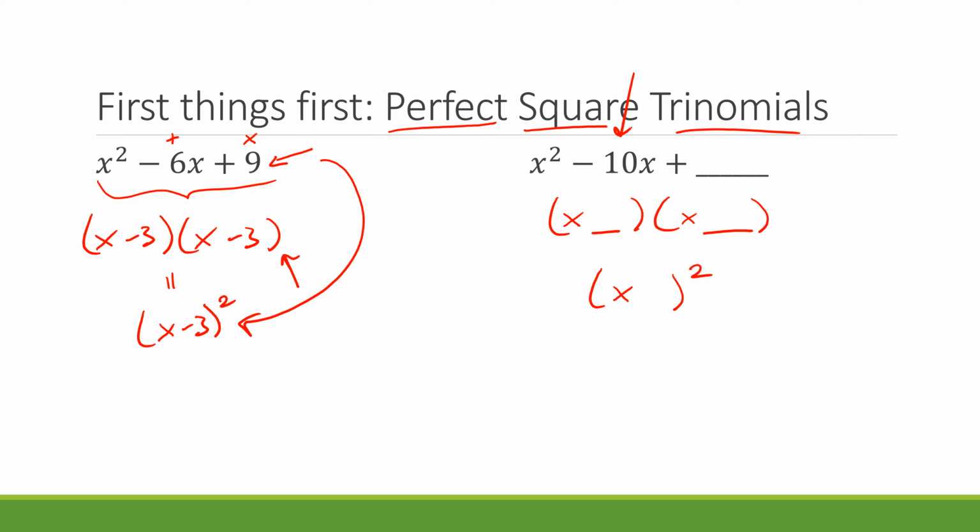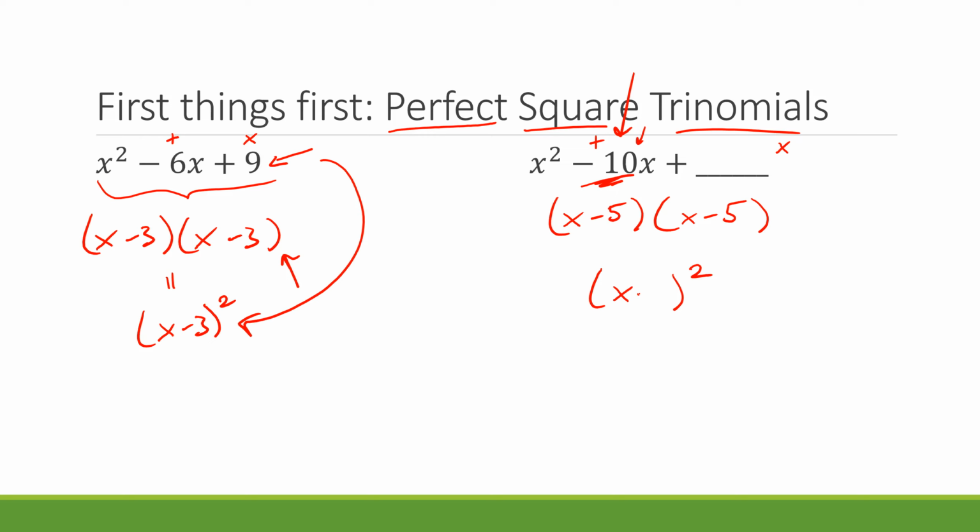If I'm trying to add to -10, because remember we add to the middle term and multiply to the last term, how could I add to -10 so that this number and this number are exactly the same? -5 and -5 should do the trick, right? -5 plus -5 is -10, and -5 and -5 are the same thing.